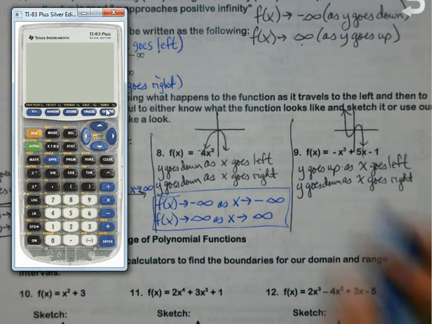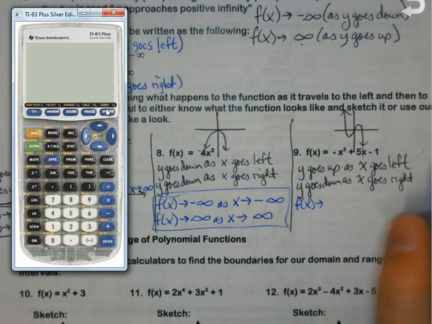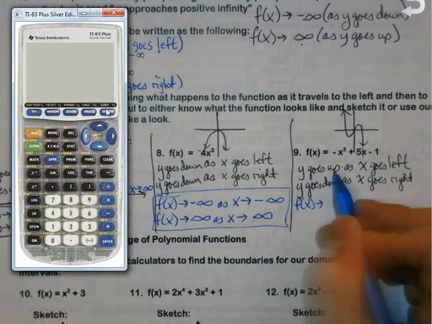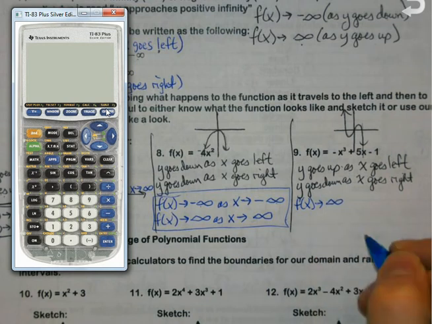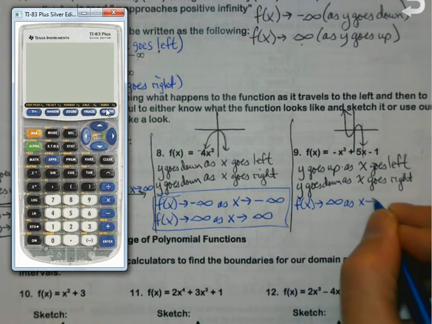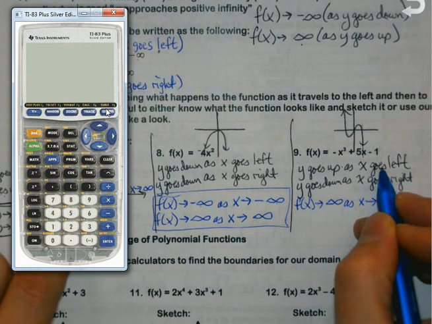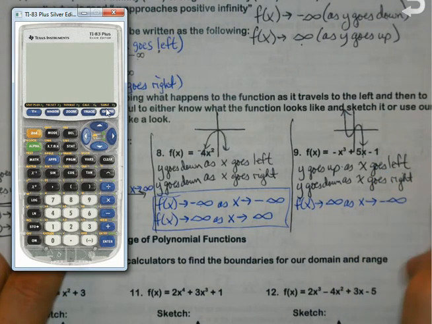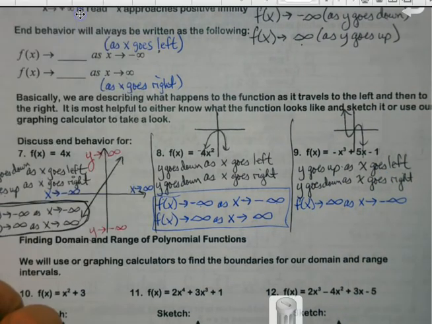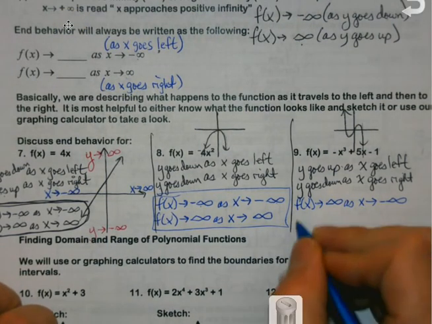So there's my English. Now I got to translate. F of x approaches, when y goes up, that's positive infinity, as x, when with our x's we go to the left, that's negative infinity. I'm like, okay.